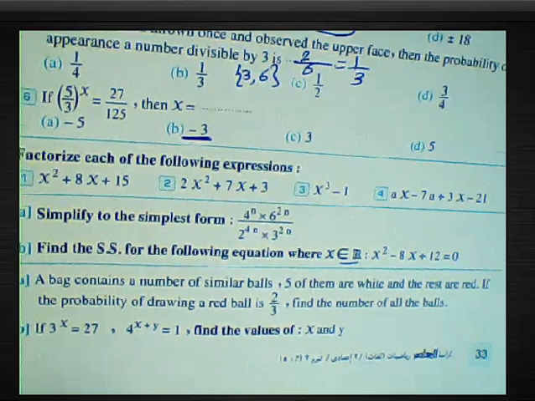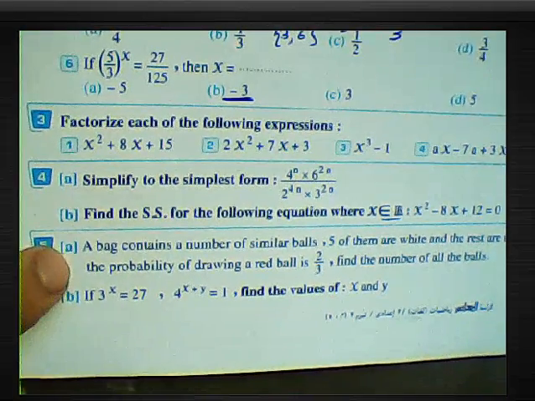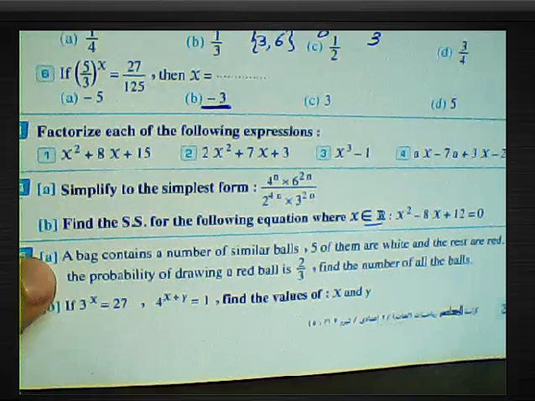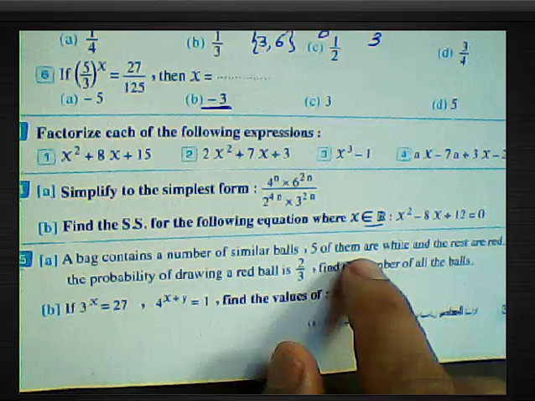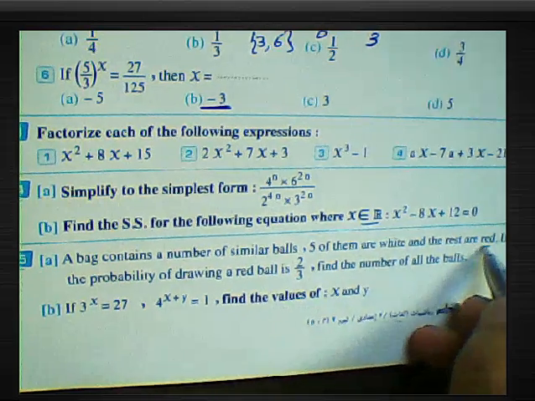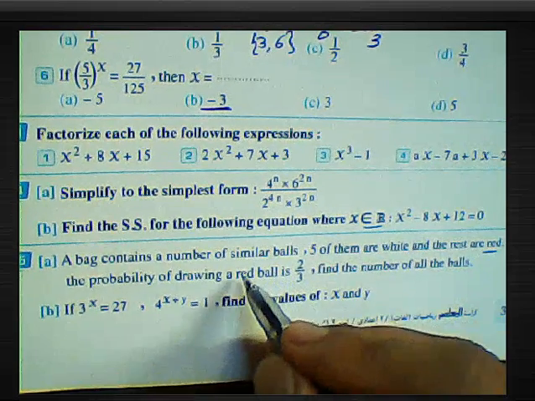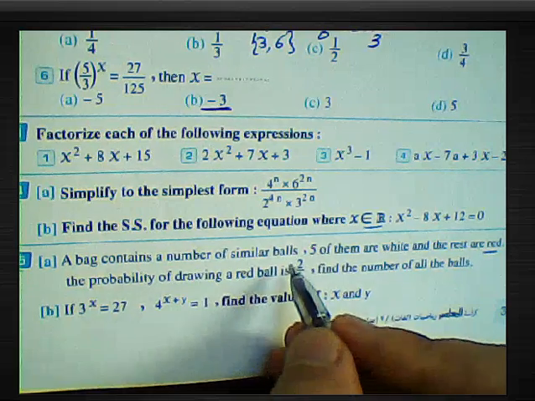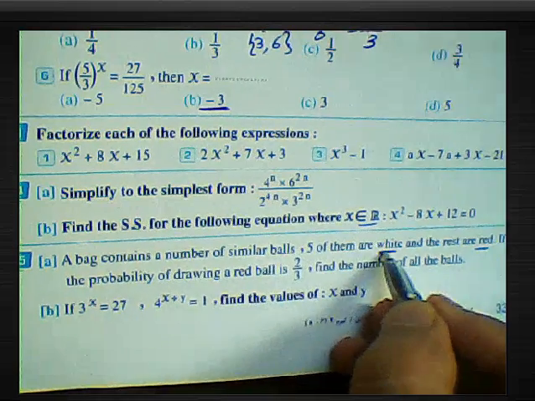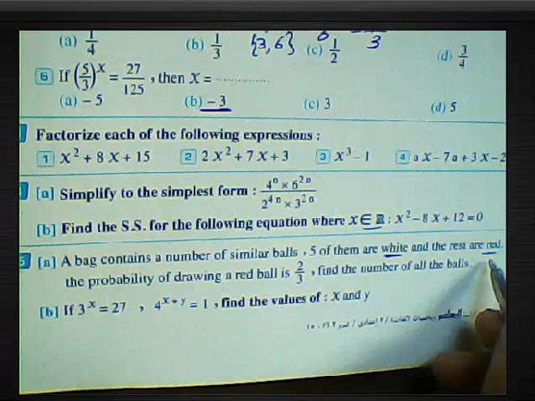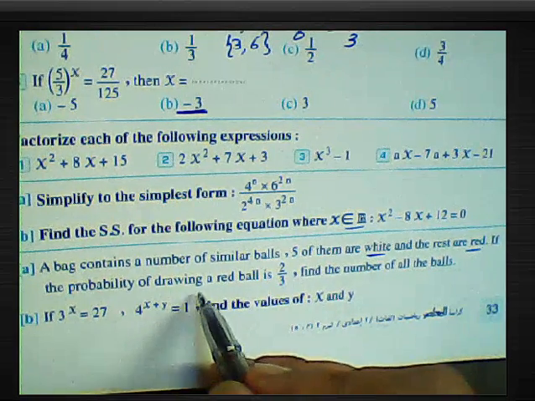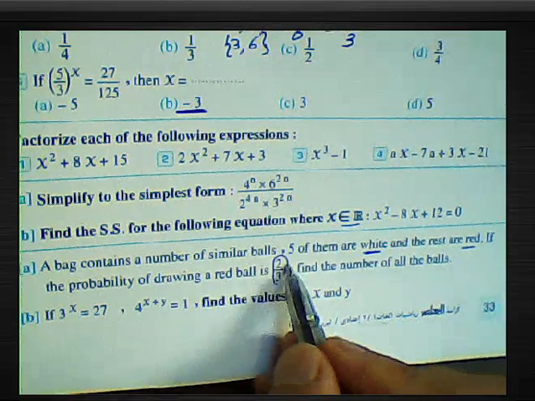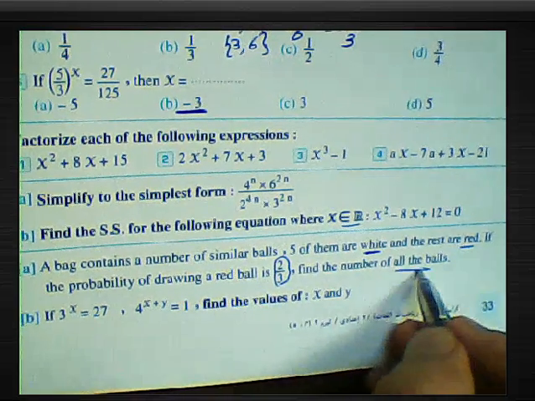Question number 5. A bag contains a number of similar balls. 5 of them are white and the rest are red. If the probability of drawing a red ball is 2 over 3, find the number of all the balls.